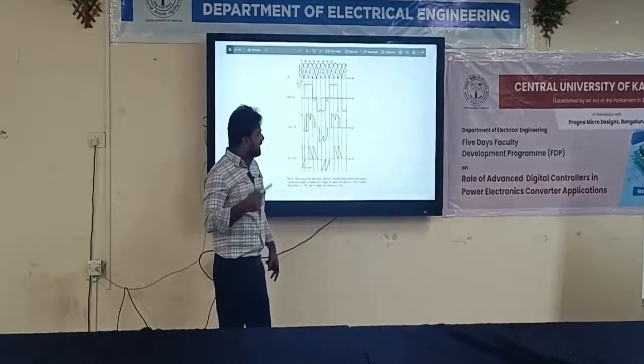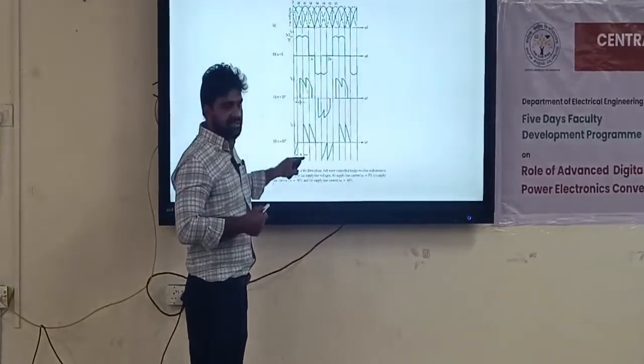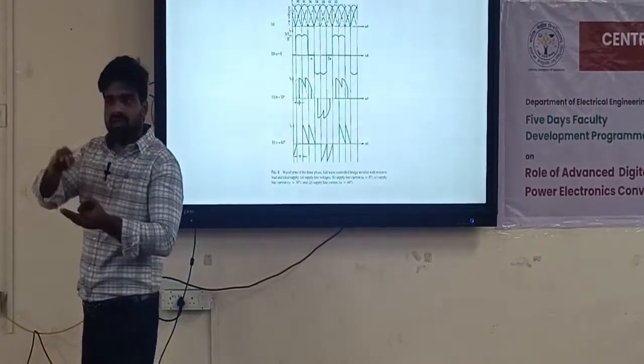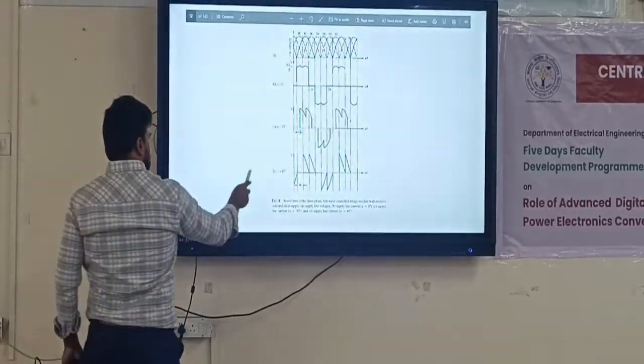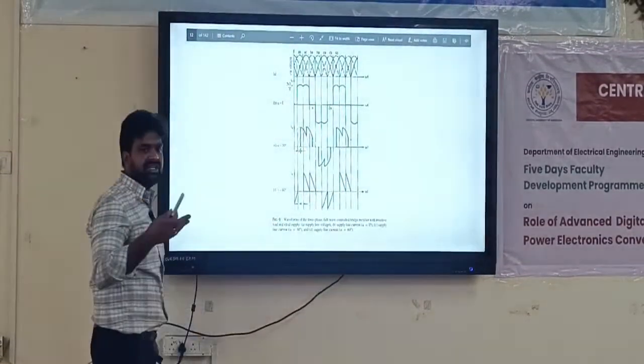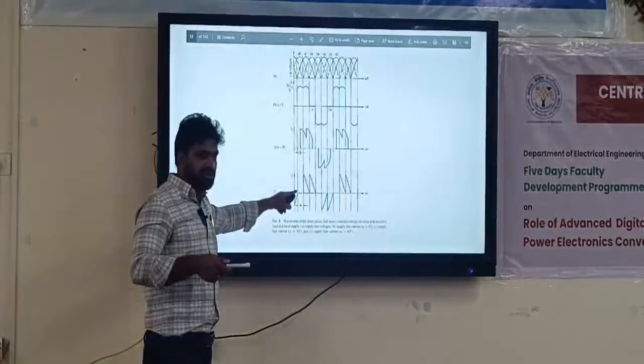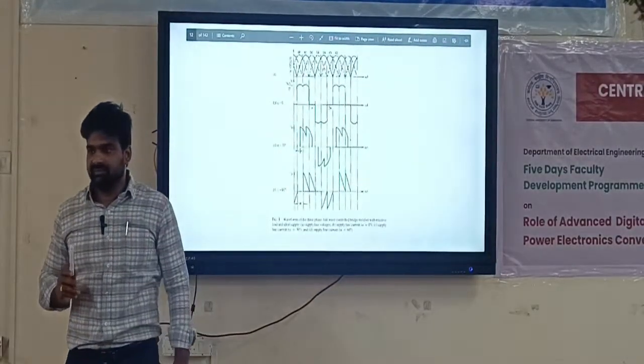When the firing angle is increased to control the voltage, the current is much more degraded, and the THD of the input current is much more degraded.